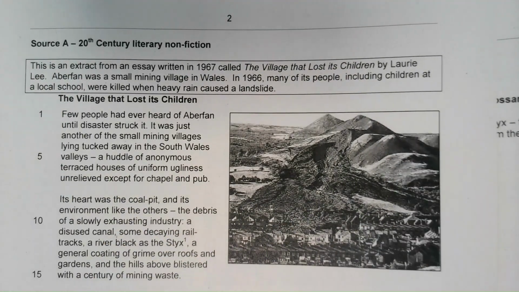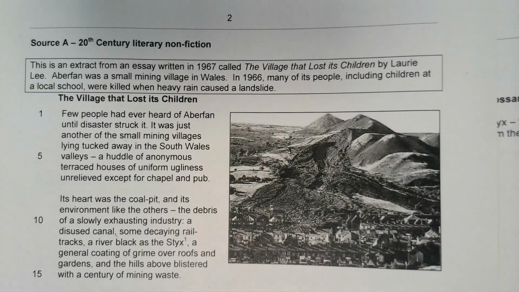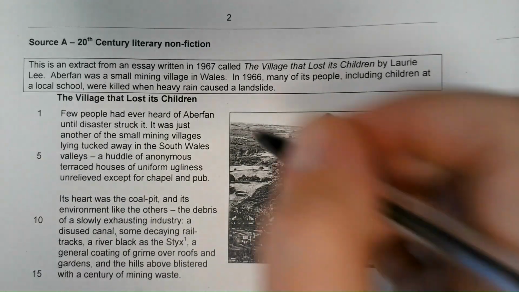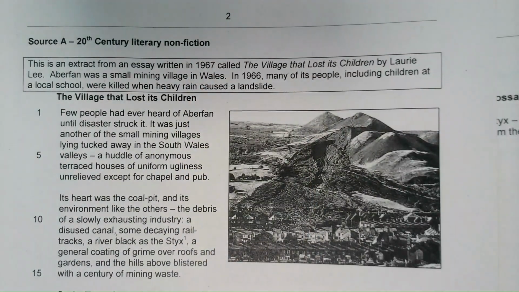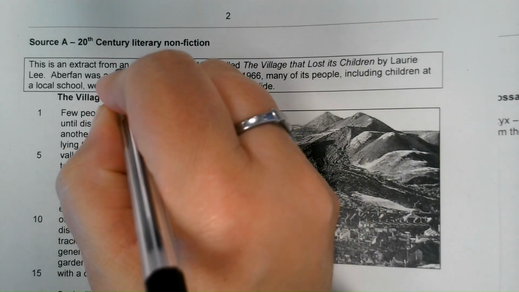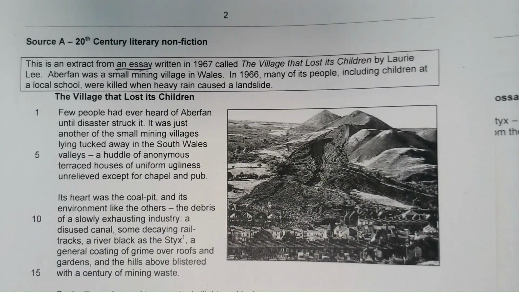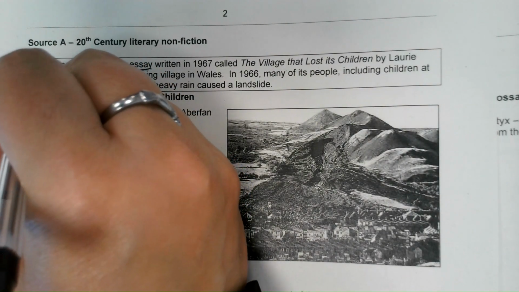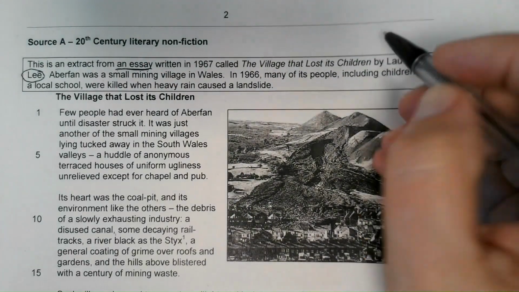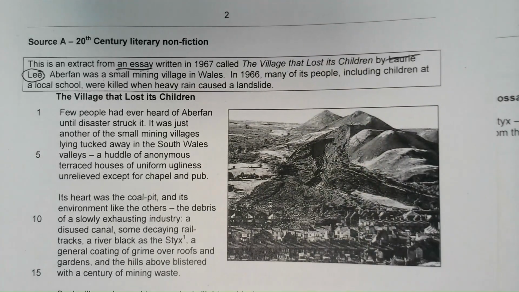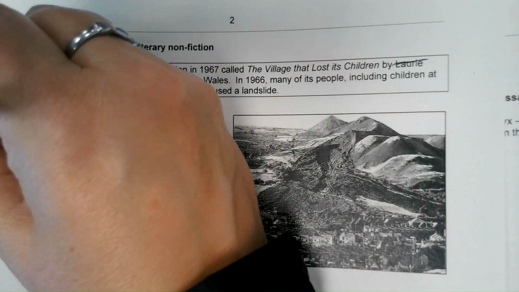Just like in language paper 1, the first thing we're going to do is read what is in the box, and we are going to be looking for people, place and plot. This is an extract from an essay written in 1967 called The Village That Lost Its Children by Laurie Lee. Now I'm going to circle the writer's surname because we don't use their first name when we're writing. So Lee is the writer.